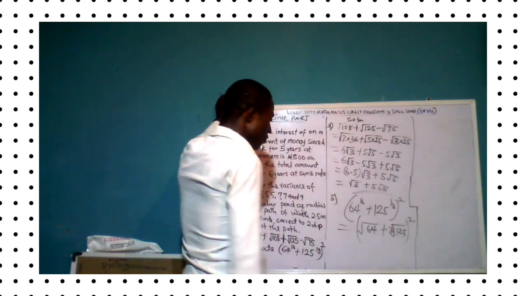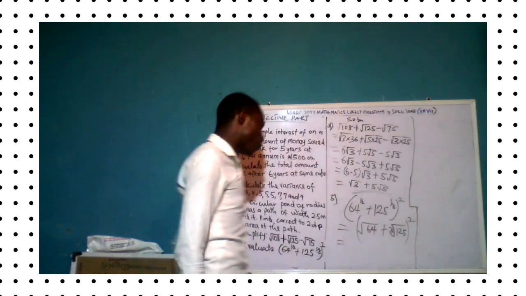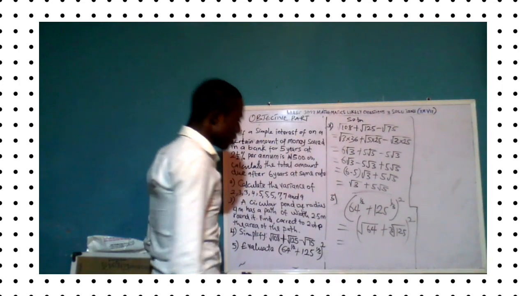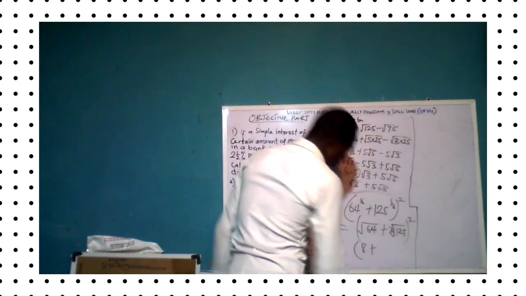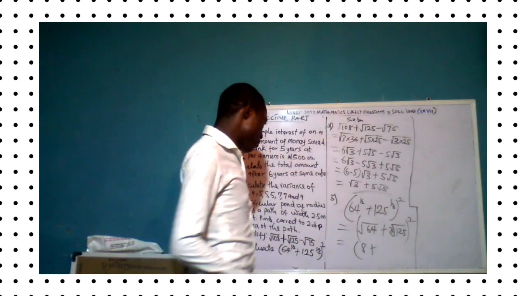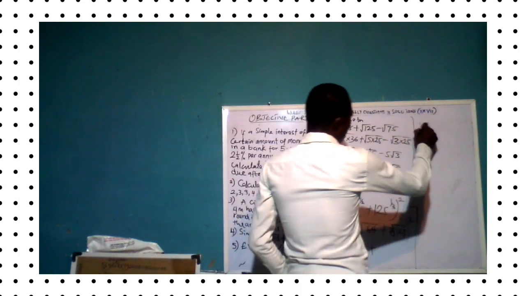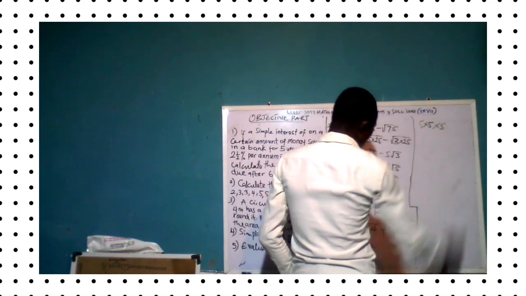Because square root of 64 is 8, you have open brackets 8 plus cube root of 125, that is 5, because 5 times 5 will give you 25, times 5 will give you 125.